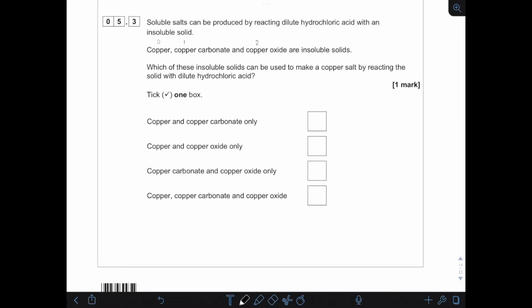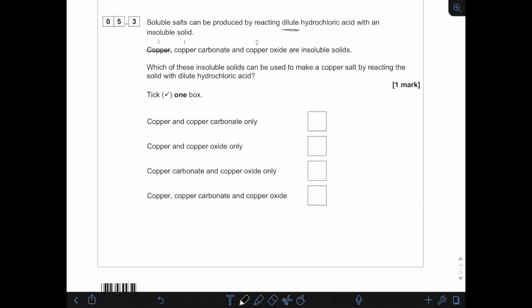Copper itself isn't very reactive. And if you use really, really strong acid, it will react with copper to make your hydrogen gas and copper salt, but we're using dilute hydrochloric acid, so that's actually not very viable.